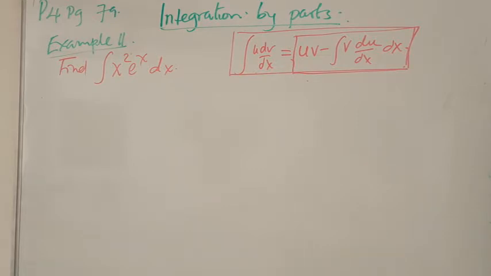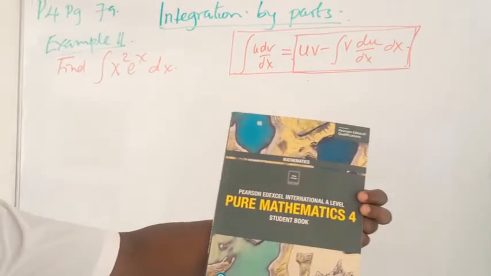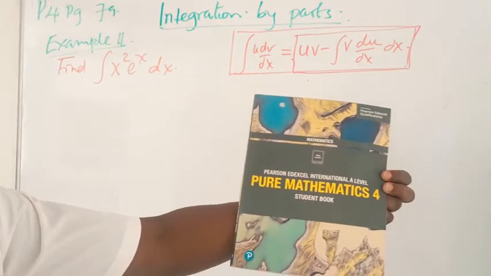Kamotho. And in this video, we want to continue explaining integration, and today we'll be looking at example 11 of a topic called integration in Pure Mathematics book, in Pure Mathematics 4.